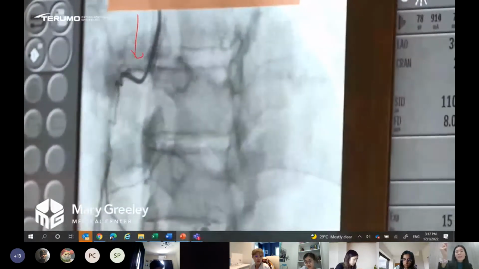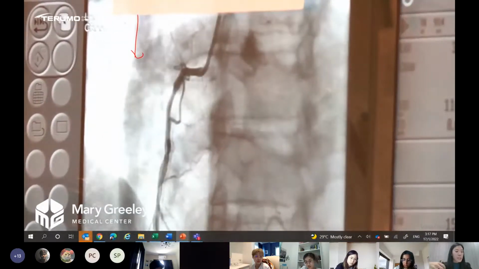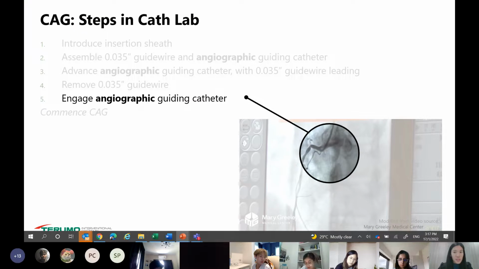So it means that this tip is engaged at the ostium, or the opening of the coronary artery. So he very successfully engaged this. This is actually the right coronary artery. If you miss the angiogram on the video or cannot really identify the structures, I drew this image here.